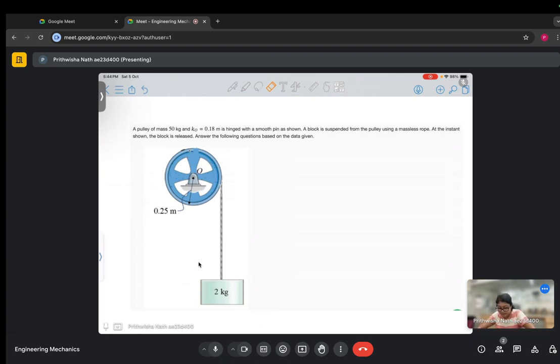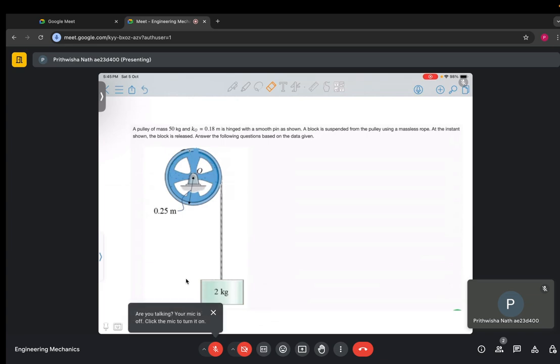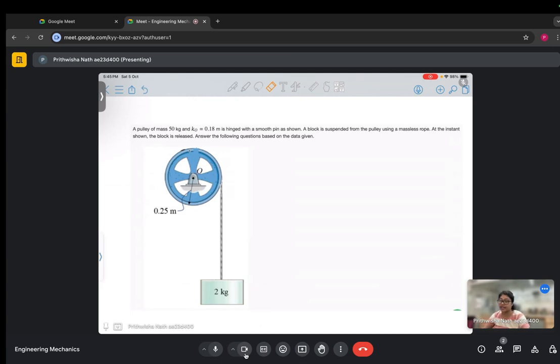So how can we do this? So what are the given things? Mass is 50 kg. We'll just write it down.